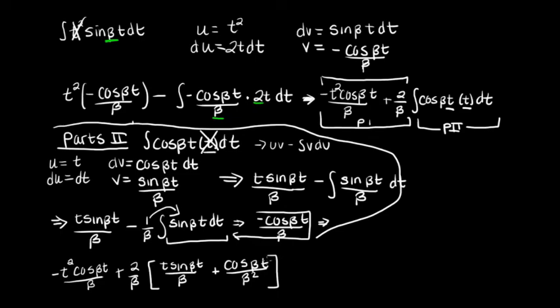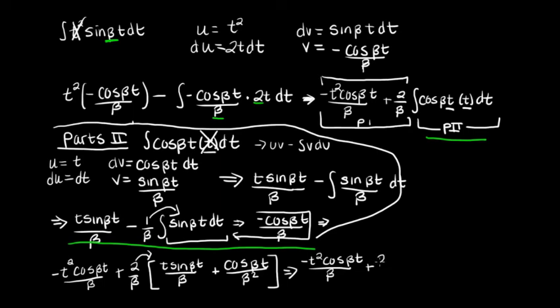All right, and I promise we are almost done. The key to this problem, though, once again, is remembering parts 2. This is what we got for part 2. Plug it right on in. Part 1 goes right up front. All right, last stage, we have a negative t squared cosine beta t all over beta plus, let's go ahead and multiply in our 2 over beta.